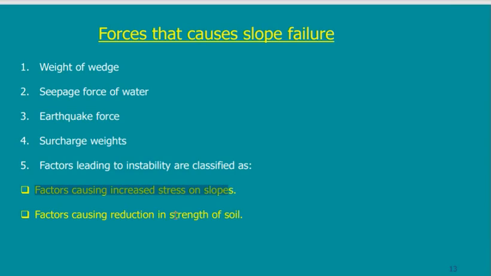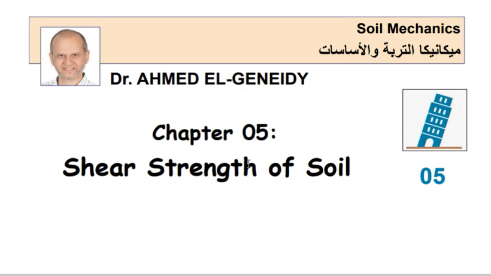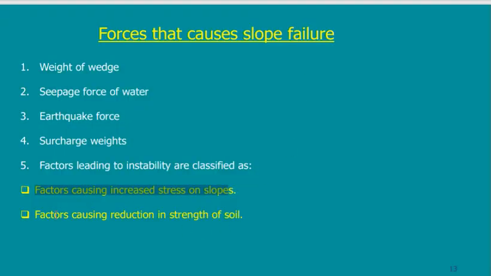What is keeping the soil in place is its internal strength. The soil has C and phi, and according to our lecture of shear strength, according to the C and the phi, the soil can carry an amount of shear strength. If I do something to the soil so that I have a reduced shear strength, then the one keeping you in place is weakened, and you will probably fall.